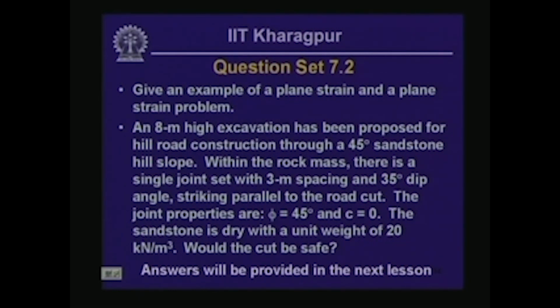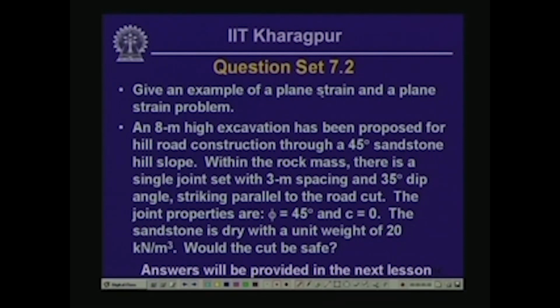The first question that I ask is, give an example of a plane strain and a plane, actually the first one should be plane stress. There is a mistake there. So, give an example of a plane stress and a plane strain problem, and then the second one is really a numerical problem.